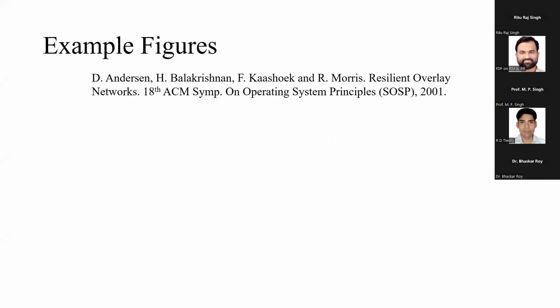Now while referencing this figure in the writing statements, you are using Fig. 1. But this is again not the correct way of referencing any figure or table. You have to write exactly the caption that you have written there.